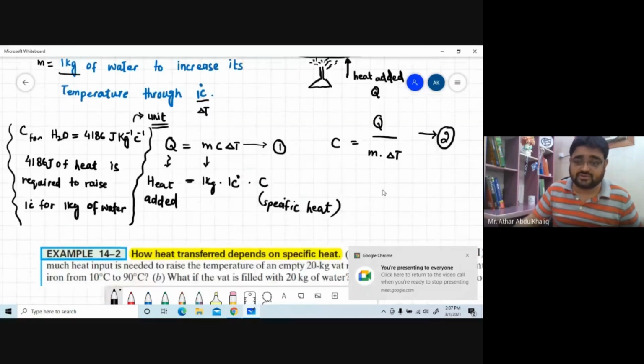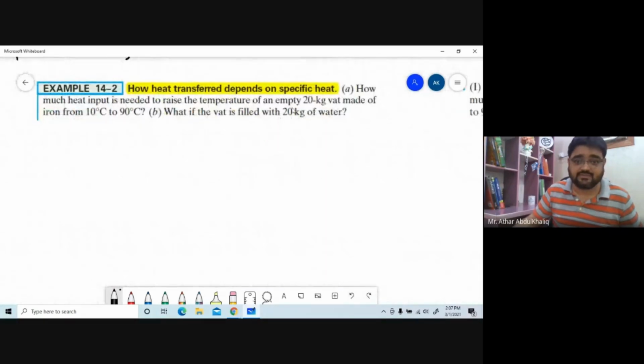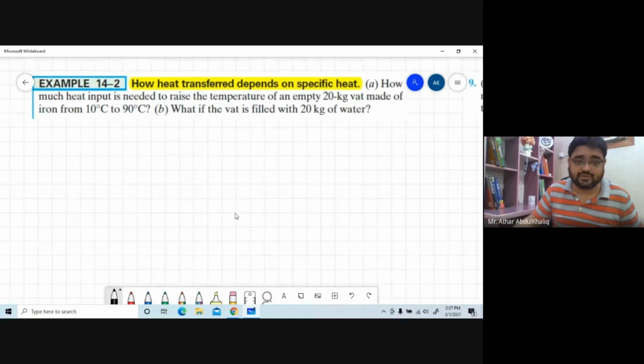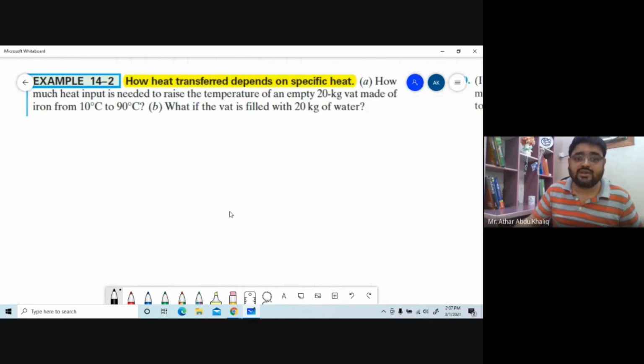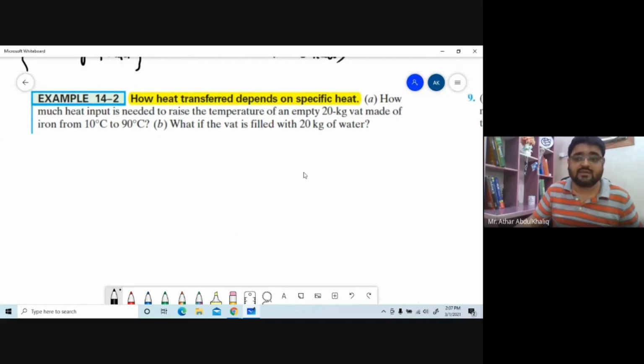Now, the first question that we have is example number 14.2. In example 14.2, how heat transfer depends upon specific heat. First part, how much heat input is needed? What we have to find? We have to find heat input, Q. How much temperature is rising for an empty 20 kilogram vat?